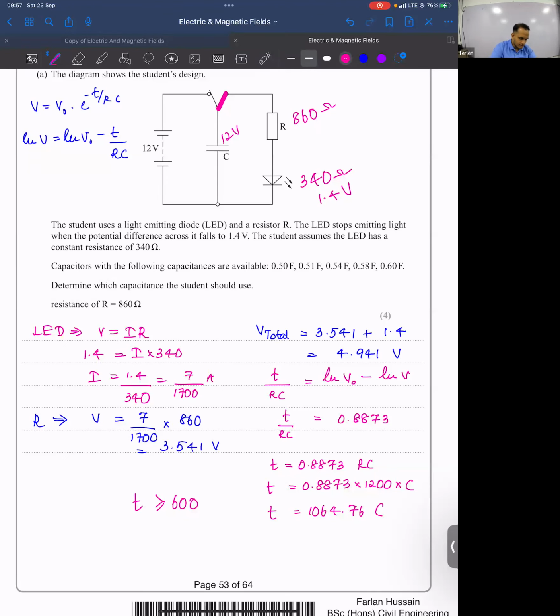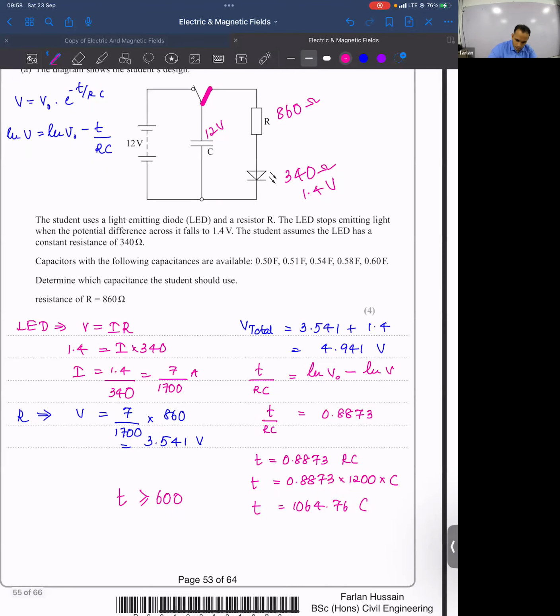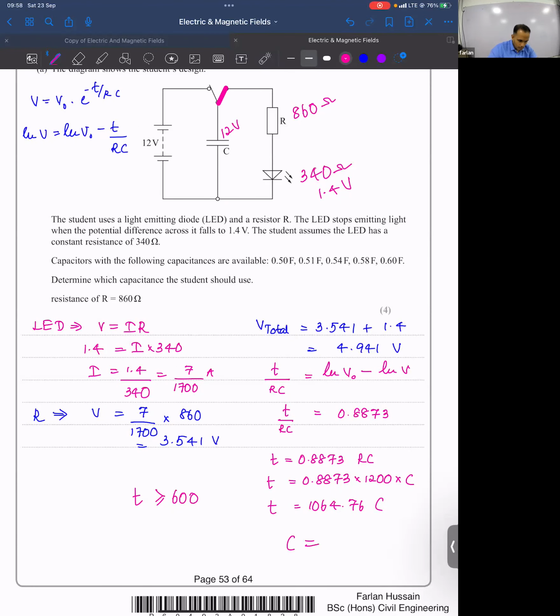No, the first one is rejected. Then 0.51 gives me 543. That is also rejected. 0.54 gives me 574. Rejected. 0.58 gives me 617. So I will go with 0.58 farads.